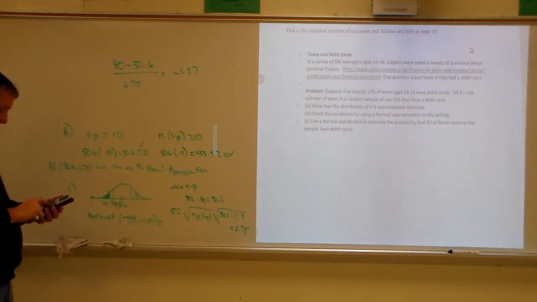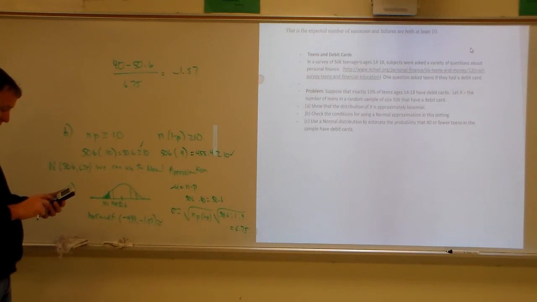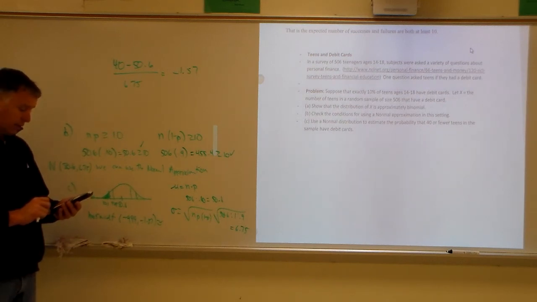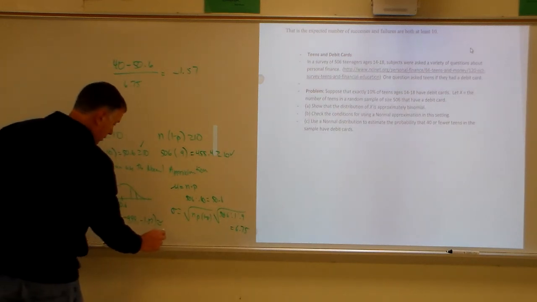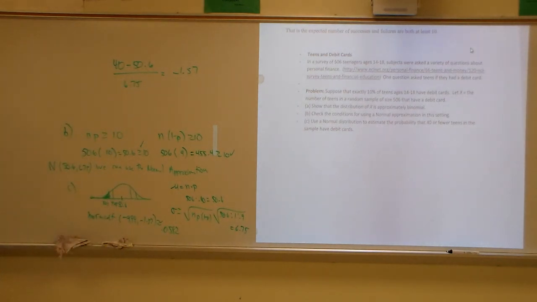So second VARS for distr, norm CDF this time. Negative 999 to negative 1.57, and then ding, ding, 0.0582. Let me just check my answer and make sure that we did that correctly. We did.